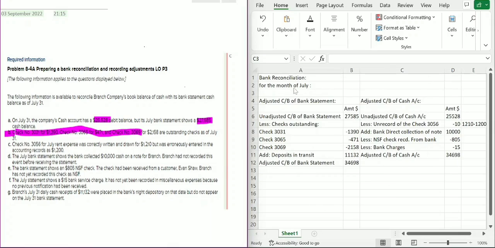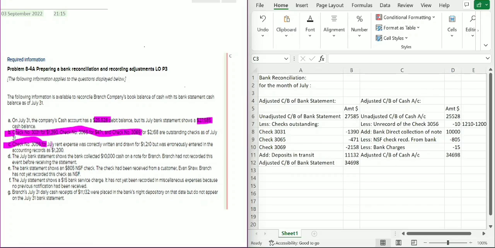Only the bank account treatment has to take place. So we deduct the checks outstanding. These are called outstanding checks, which are yet to be paid by the bank. So we deduct all the checks: check 3031, check 3065 and check 3069, along with the amounts 1390, 471 and 2158.